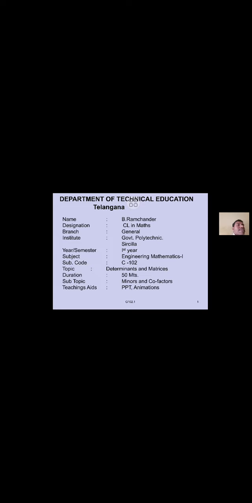And every matrix has a particular value, so that value is called determinant of a matrix. So here in the determinant or in the matrices, we have to know what is minor and cofactor.